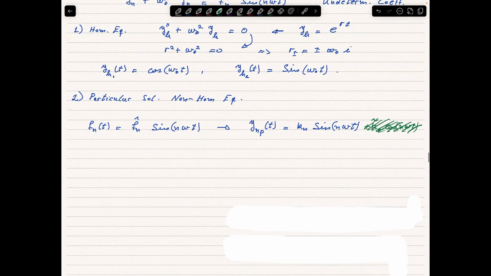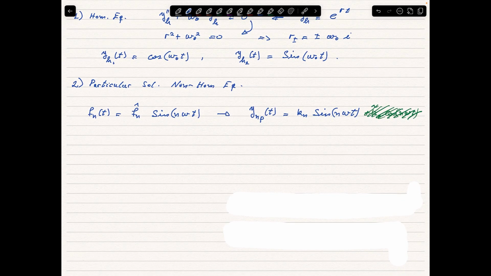But now there is a little problem. There are two possibilities. The first possibility, case A, is that there is a number n such that, luckily or unluckily, n times omega, a multiple of the driving frequency, is equal to the natural frequency. That could happen. If that happens, we have seen in previous videos that this case is called resonance.